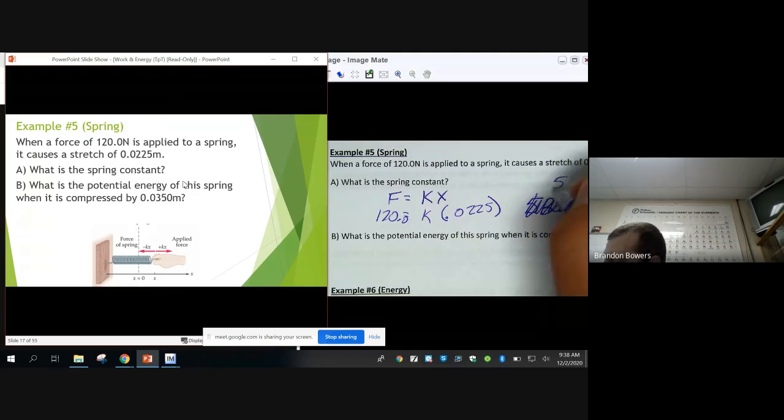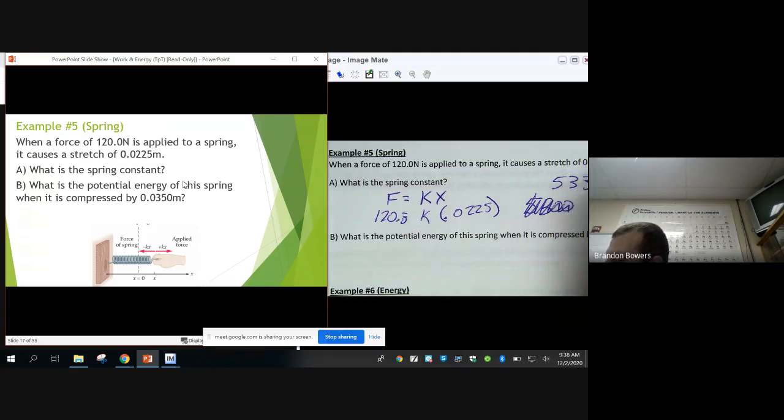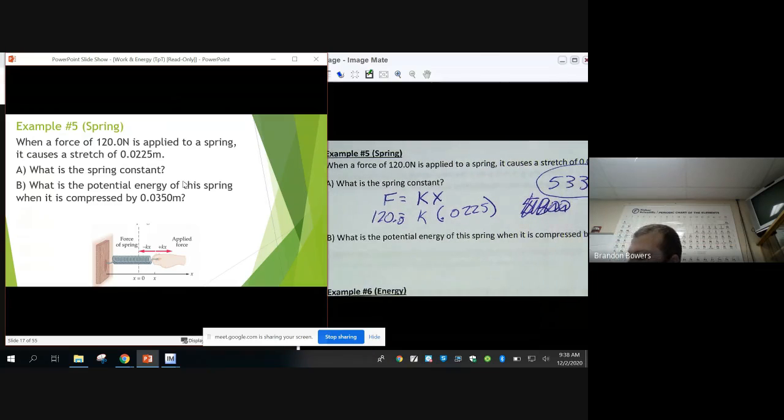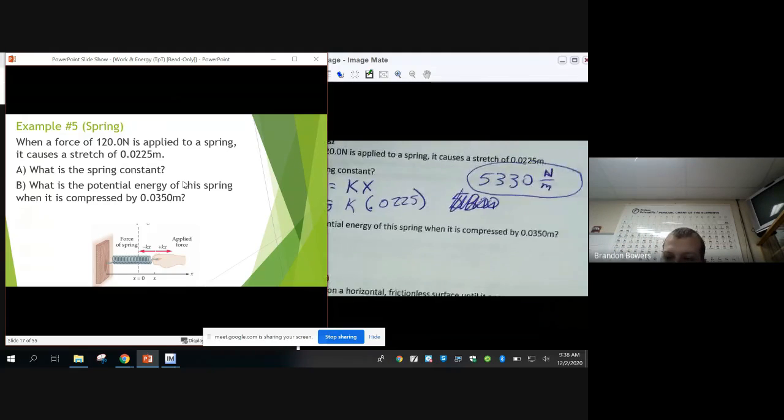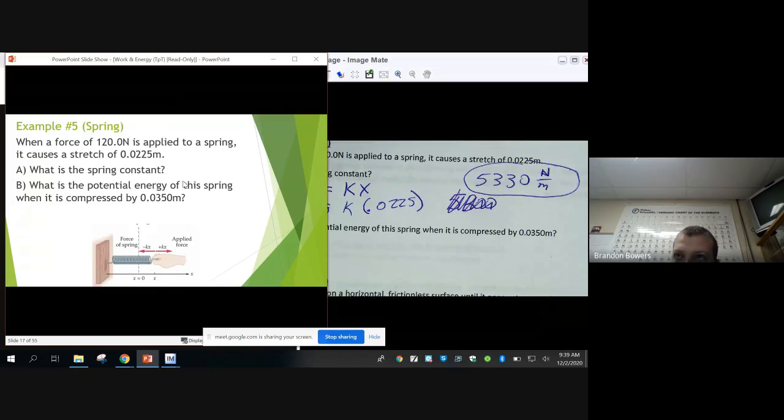So 5,330. And the unit is newtons per meter. All right, that's the spring constant. That's a pretty large number. It is.